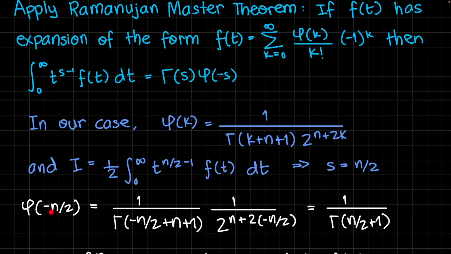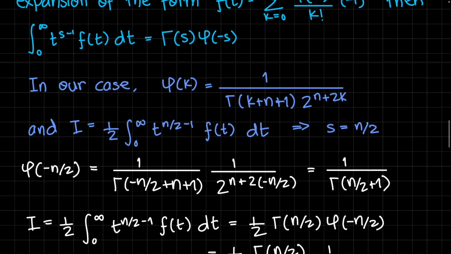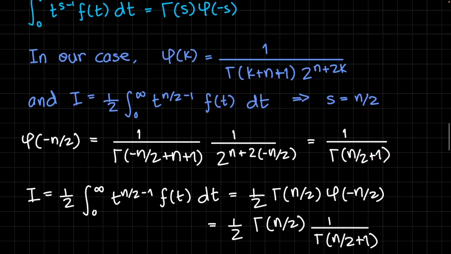So phi of minus n over 2, if you go back to what phi is, we get 1 over gamma of minus n over 2 plus n plus 1 times 1 over 2 to the n plus 2 times negative n over 2. You simplify that, you get gamma of n over 2 plus 1 here, and the 2 will actually cancel out. You get 2 to the power 0, which is 1. So we have in the end 1 over gamma of n over 2 plus 1.